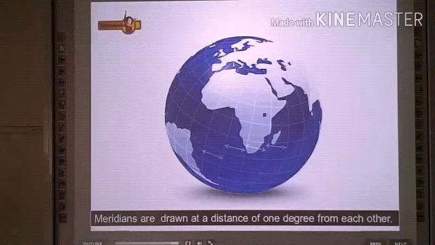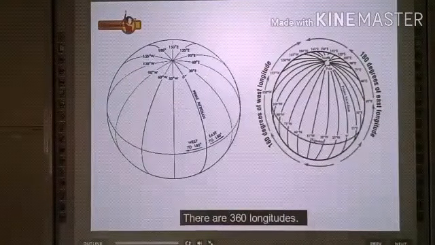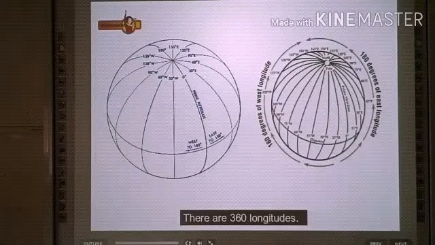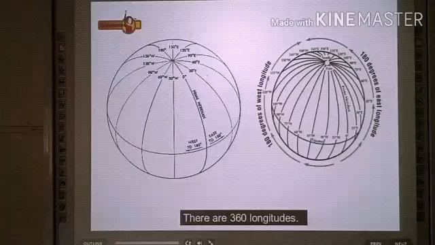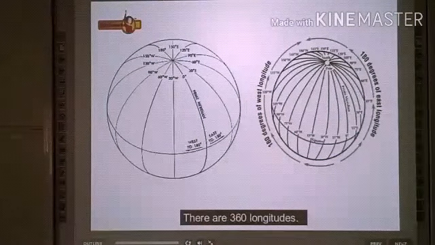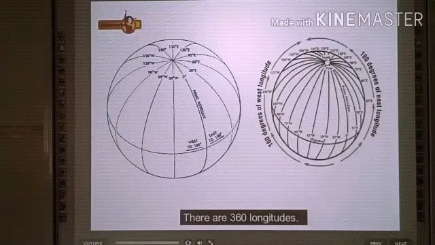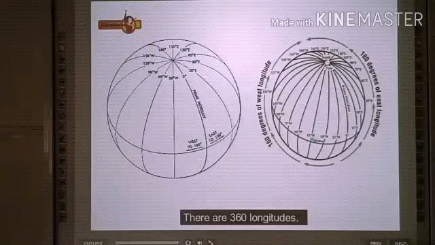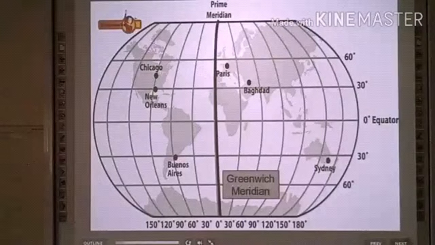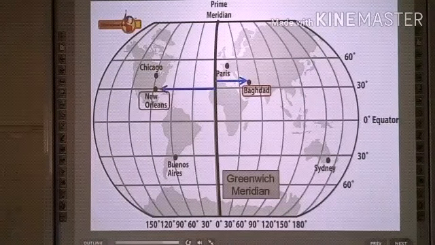Thus, there are 180 meridians towards the east and 180 towards the west of the prime meridian, so there are 360 longitudes in total. Therefore, longitude helps us know how far east or west a place is from the Greenwich meridian.